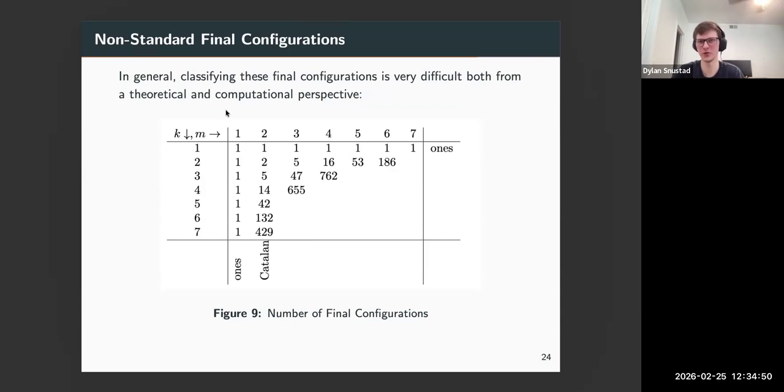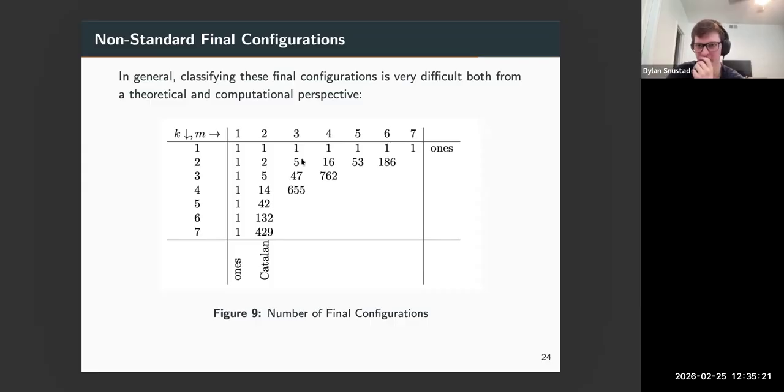Computationally, if you were trying to check every single possible firing output, this explodes. So this is not a valid strategy. This is a table showing, for different M and K, the number of possible final configurations you can have. And you'll notice it's not very big, because it just explodes. I think even doing this 3-4 case or this 4-3 case took the computer running over a couple days, essentially.